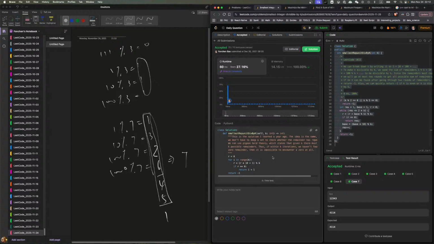You do k rounds. Given k, there must be k possible remainders. Thus, if within k iterations we haven't found a 0 remainder, then it is impossible. So what you're saying is, given k, if we haven't found it, then we'll never find it.